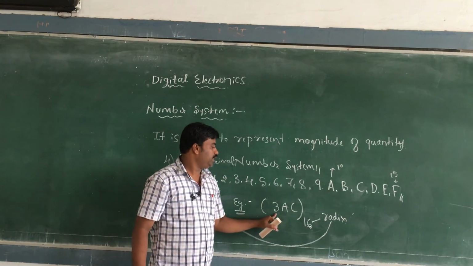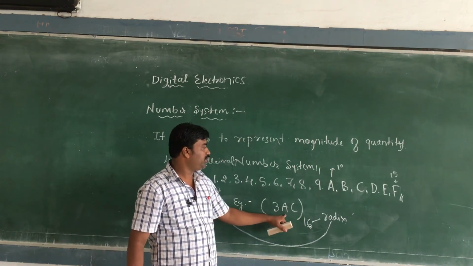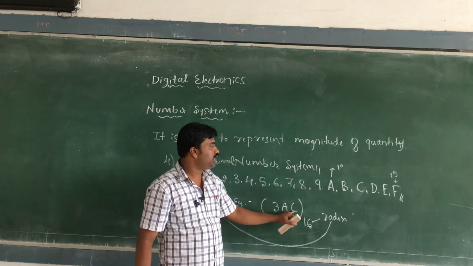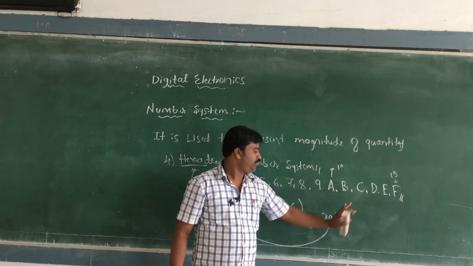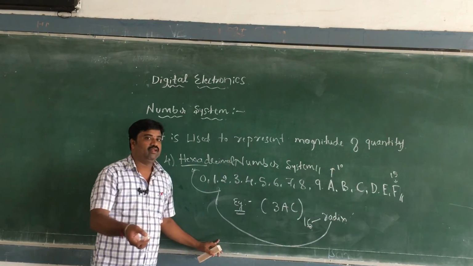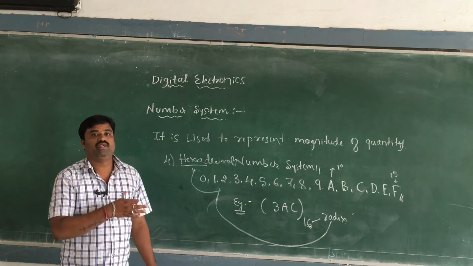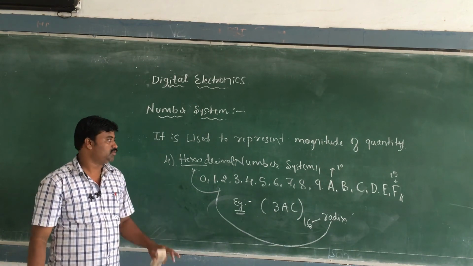This is the example 3AC. A represents 10 and C represents 12. In this way, we have seen different types of number systems.